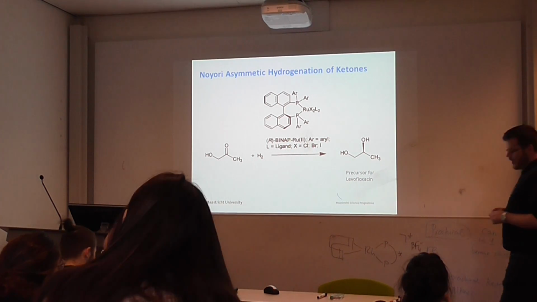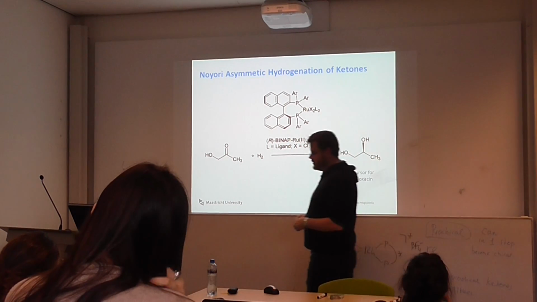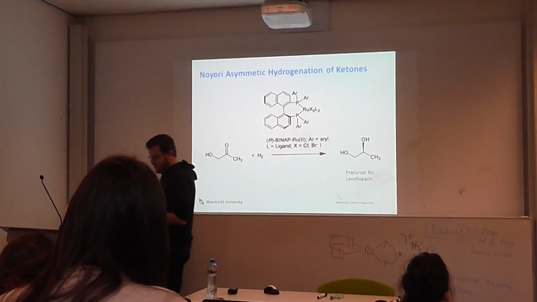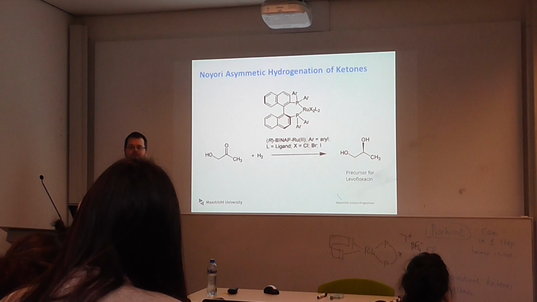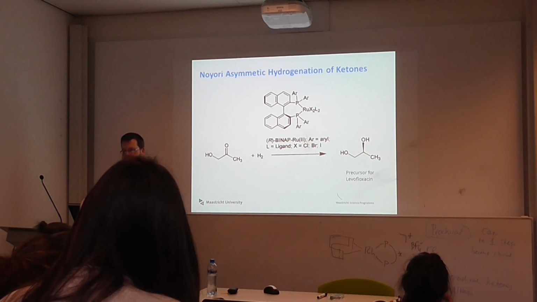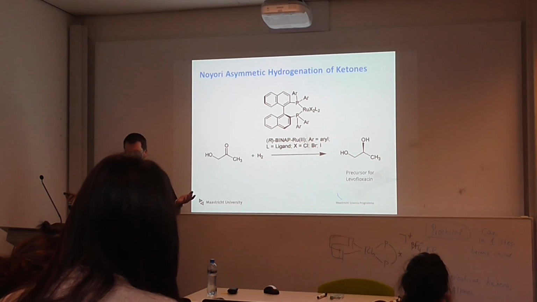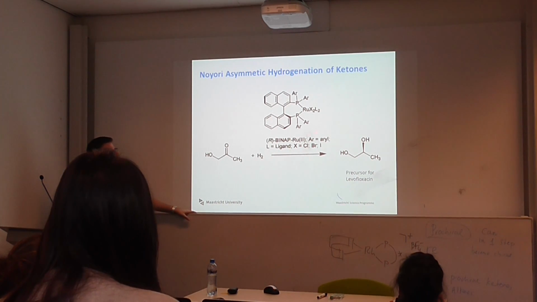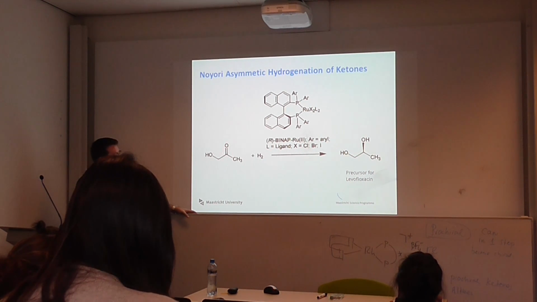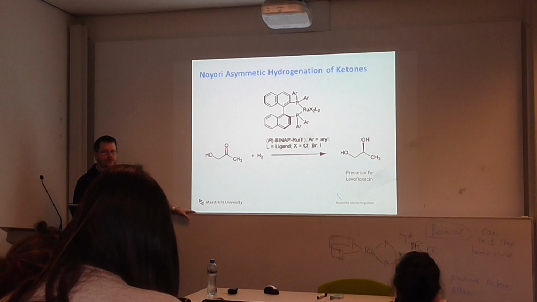Now, we've discussed CC hydrogenation, but there's also, of course, which is very important in natural product synthesis, asymmetric hydrogenation of ketones, which is also possible using basically the same ligand system, or the same Noyori complex, that in fact can hydrogenate asymmetrically this prochiral ketone.